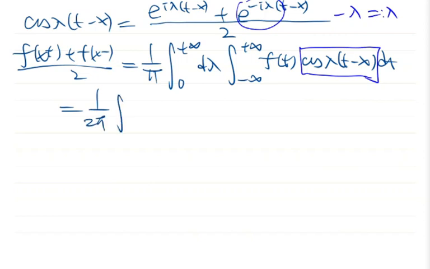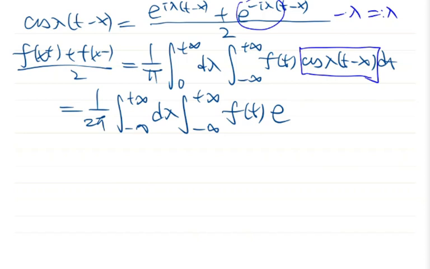Because the minus lambda part gives us an integral from minus infinity to 0, which together with the 0 to positive infinity, we obtain the integral from minus infinity to positive infinity d lambda of the integral from minus infinity to positive infinity f(t) exponential of i lambda(t minus x) dt. And the exponential of i lambda(t minus x) can be split into this part.